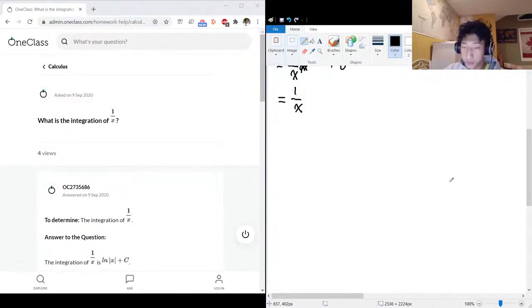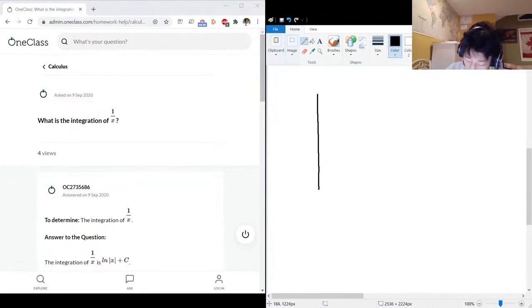Well, I'll scroll down here. Let's say we want to draw the graph of a natural logarithm. So we got our y-axis vertically, and we have our x-axis horizontally. Let's say red. The logarithm has a shape like this.